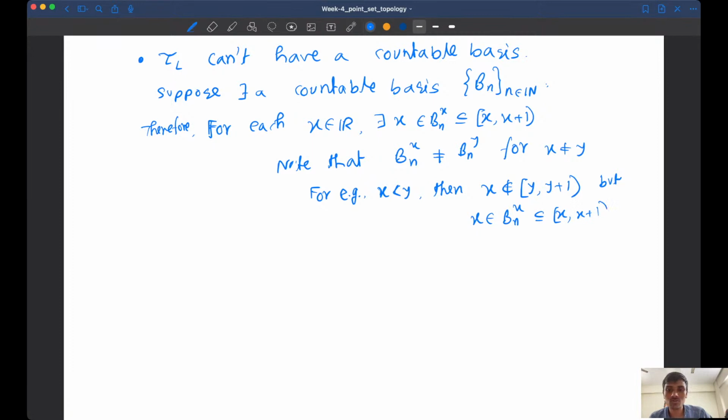So it has to have this Bnx equal to y, so at least x should be contained in this set Bny. But Bny is contained in this set and x does not belong there, and that is the least element of this set.